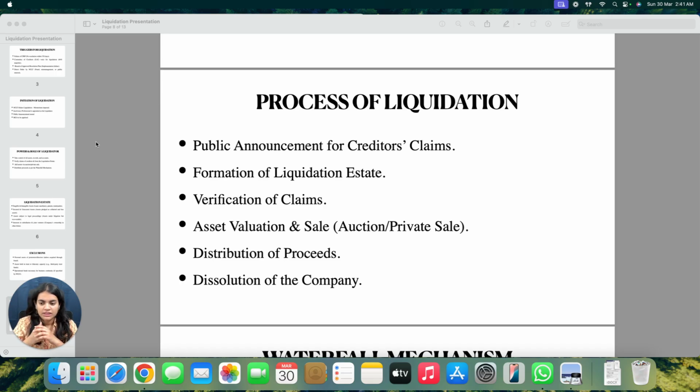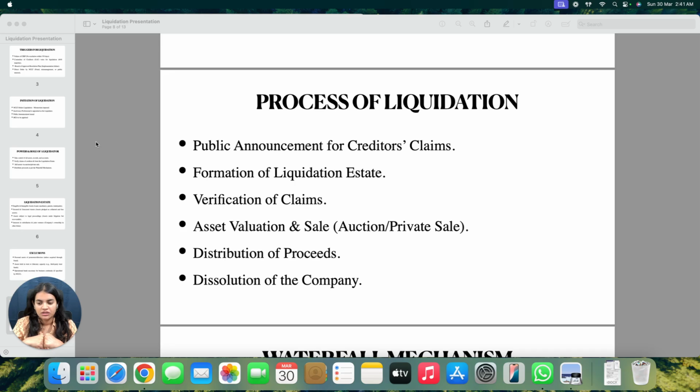The mode in which the liquidation and the asset sales are required to happen is the discretion of the stakeholder committee. And to facilitate them in taking such a decision regarding the asset sale, the liquidator is going to provide them with all of such information.